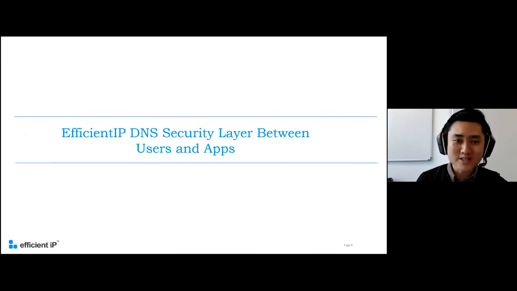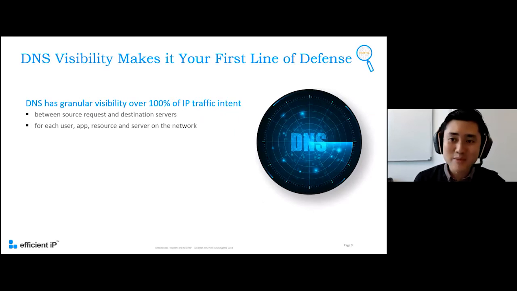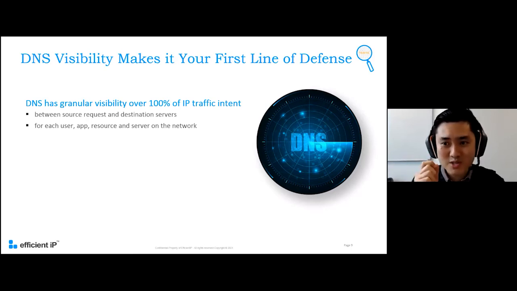Now let's discuss EfficientIP's DNS security layer between your applications and your users. We all know that DNS can be a primary target. So if DNS can be a primary target, DNS can also be used as a first line of defense for providing protection on your network. Virtually all network connections are initiated using DNS. Say, for example, your mobile phones. After you reboot your mobile phone, the first traffic that comes out of your mobile device is DNS traffic.